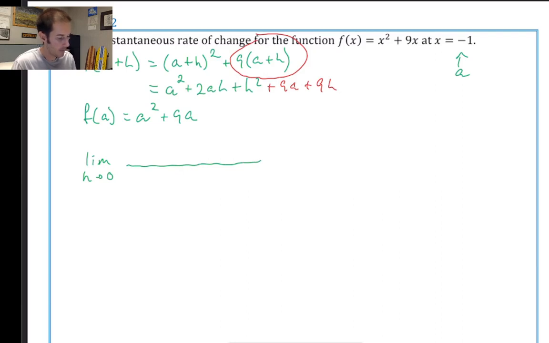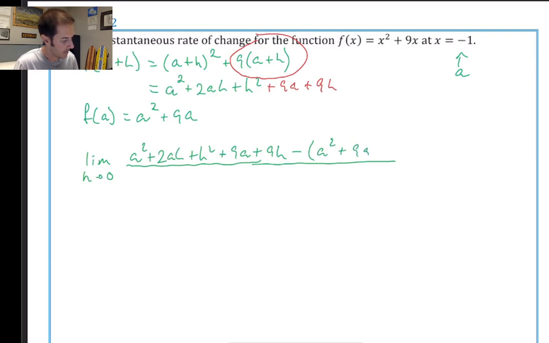The numerator says f of a plus h first, which we just expanded and determined is a squared plus 2ah plus h squared plus 9a plus 9h. And then we have to subtract the entirety of f of a, which is a squared plus 9a.